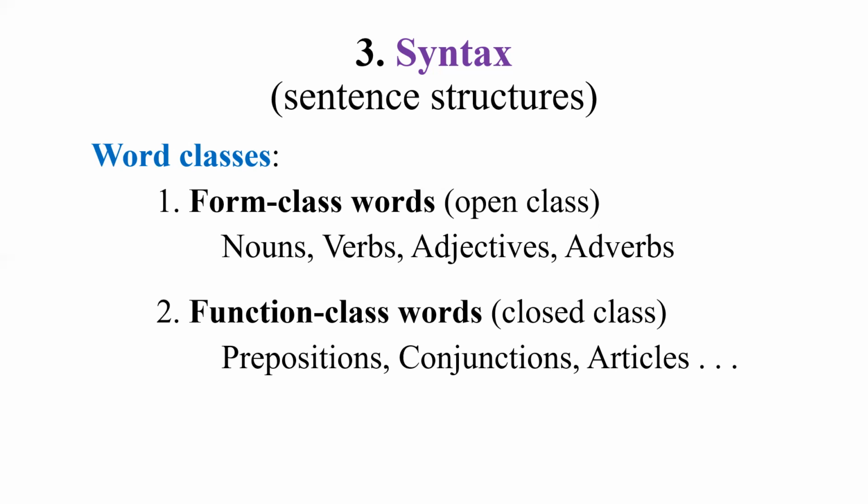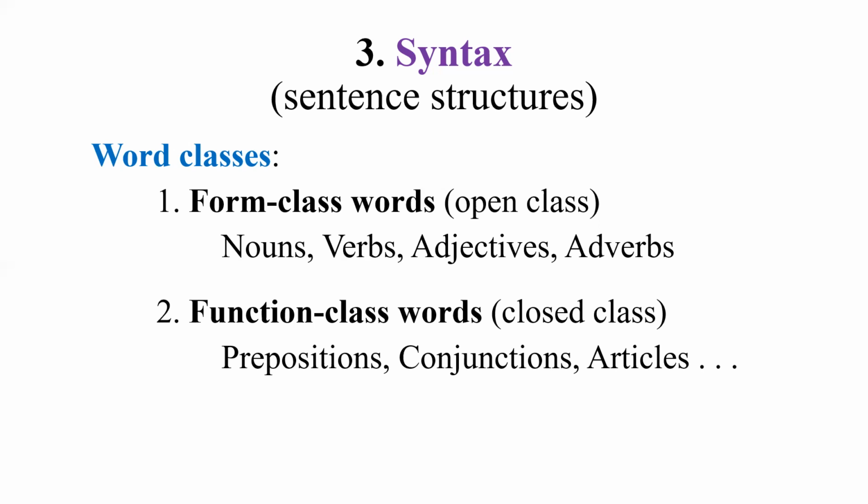On the other hand, we have function class words, which are closed class, in the sense the gates to this section are almost closed. We have words which do grammatical functions, like prepositions, conjunctions, articles, or pronouns. We hardly get new pronouns or new conjunctions or new articles.